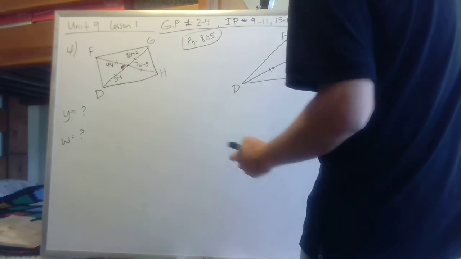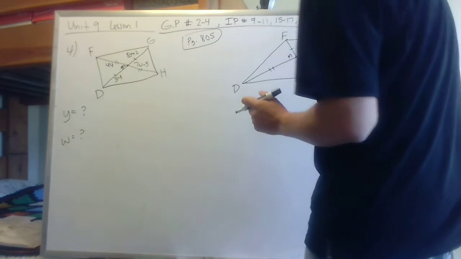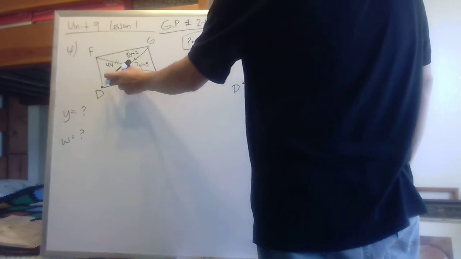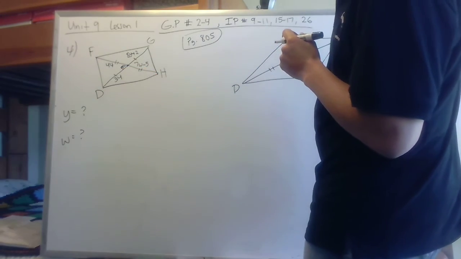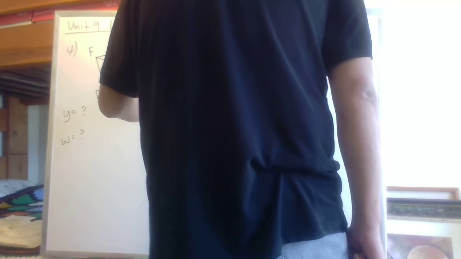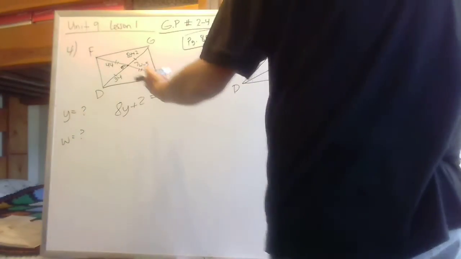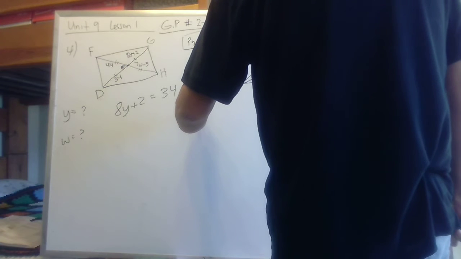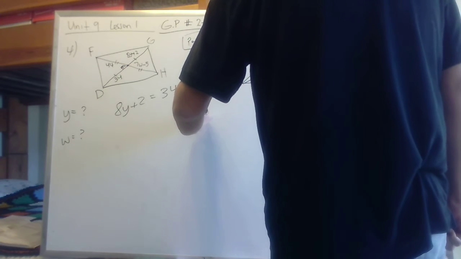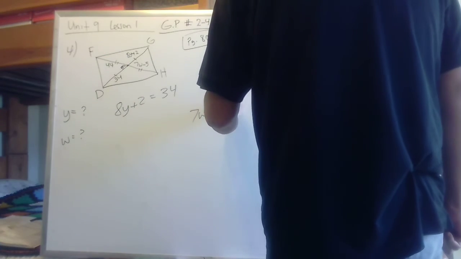So for y, since I know that this segment is equal to 8y plus 2, and this segment is equal to 34, I am going to have 8y plus 2 equals 34. And I'm also going to have the other equation where it will be 7w minus 5 is equal to 44.